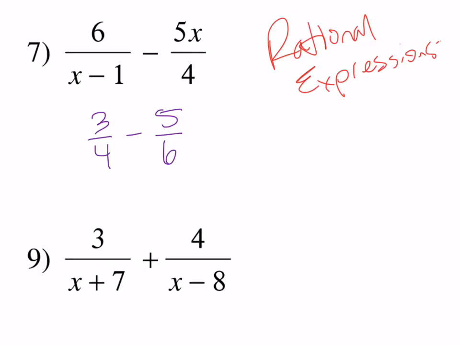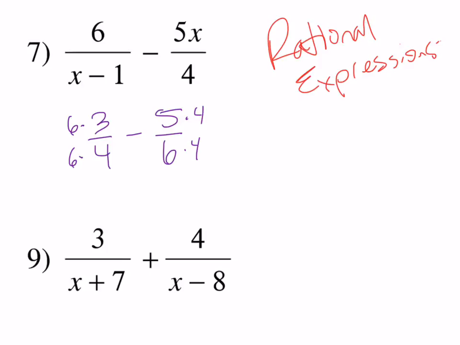But you could also say 24, right? Because 4 times 6 is 24, and 6 times 4 is 24, right? And that would give me the same denominator. And of course, whatever I do to the bottom, I'd have to do to the top. So 6 both top and bottom, 4 both top and bottom here. And again, we'd multiply, combine like terms, and then we'd be done.